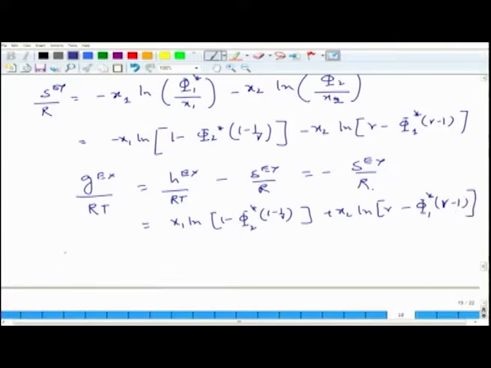Now for r greater than 1, you can do the analysis: G E by RT is less than 0. This implies a negative deviation from Raoult's law.